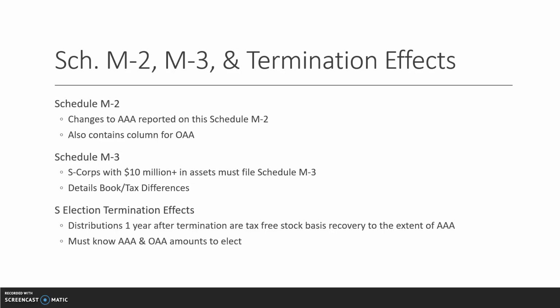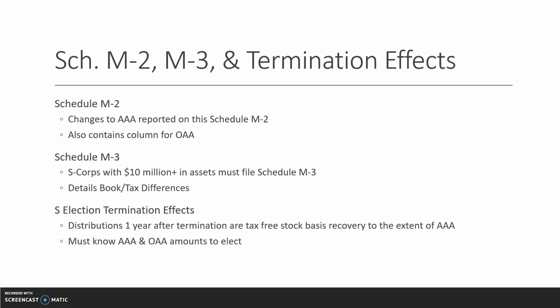Now, let's say that an S Corp decides to terminate its status or is forced to terminate its status. Distributions up to 1 year after termination can be treated as a tax-free stock basis recovery to the extent of the AAA account.